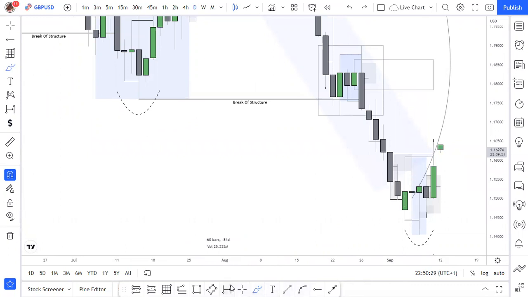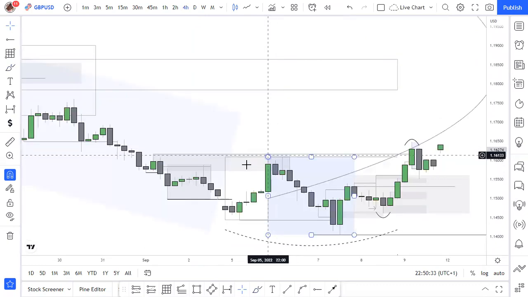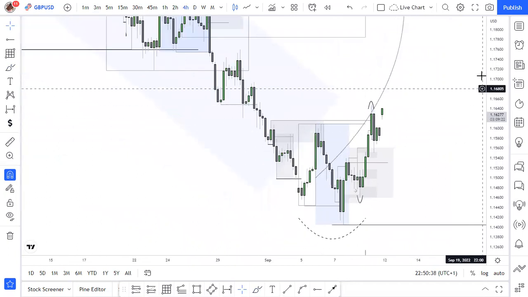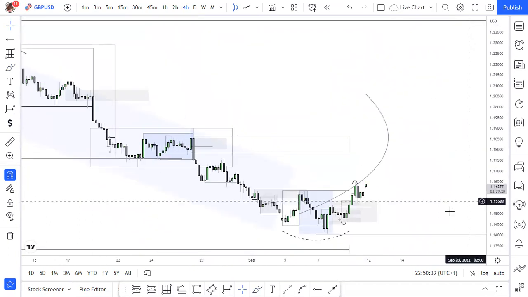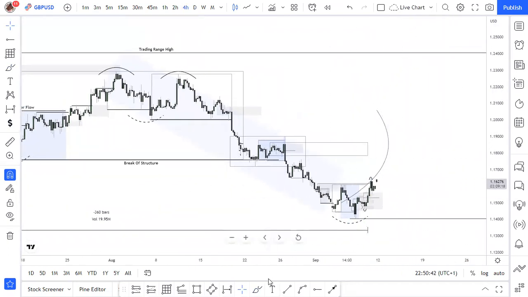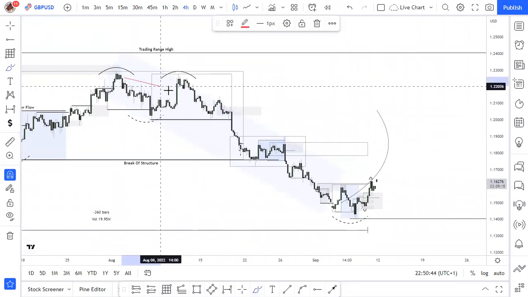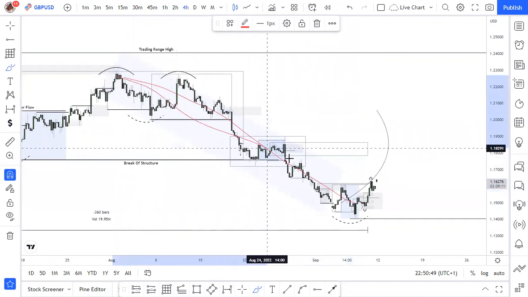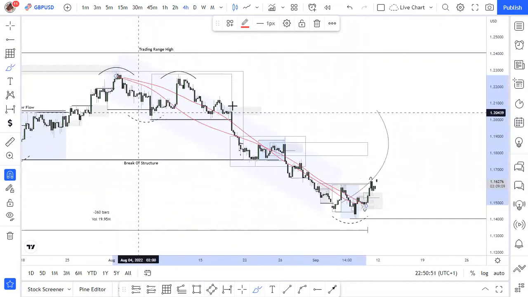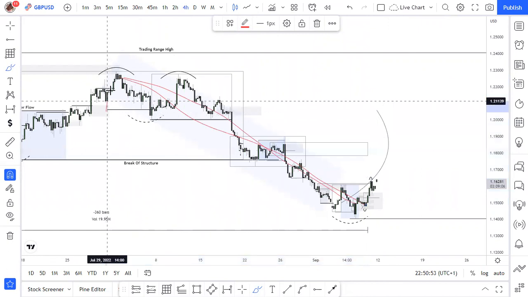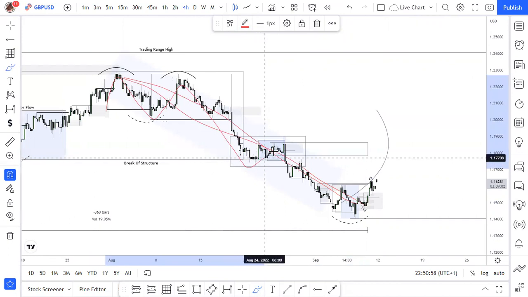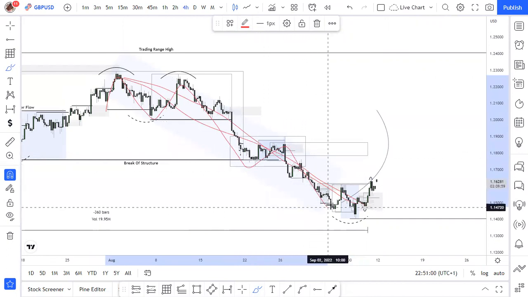Going over to the 4 hour time frame, I think it will be a lot clearer. Over here on the 4 hour time frame, we had bearish market structure. That's from when the daily time frame was pushing down. On the daily time frame, we have this as some kind of single push down, and then on the 4 hour, we have bearish market structure, that's price making lower highs and lower lows.